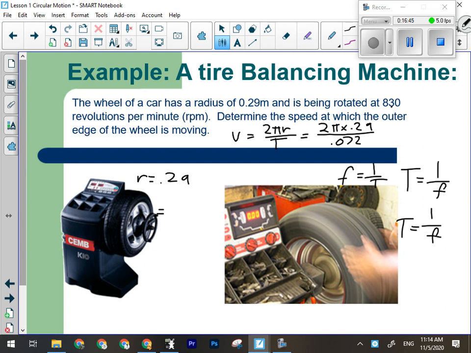If F is 1 over T, is this formula really just saying 2 times pi times R times 1 over T? So could I have just written it like this, 2 pi R times F? Yeah. You can also do that and save yourself a step. Everybody okay with how that one works?